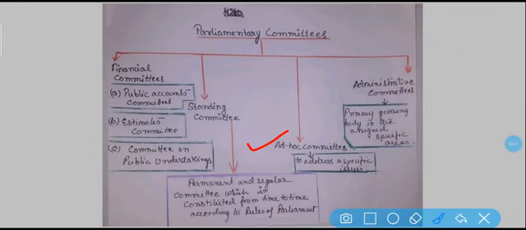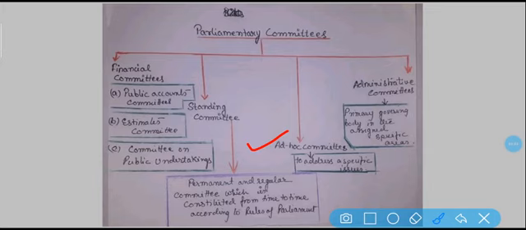Next one is the ad hoc committee. Ad hoc means not permanent, something that comes as a temporary one. So an ad hoc committee is a committee which addresses a specific issue. Suppose, as an example, right now we have issues with the border of Ladakh with China. So if any decision needs to be made, or right now we are going through the pandemic corona, so health is very important.